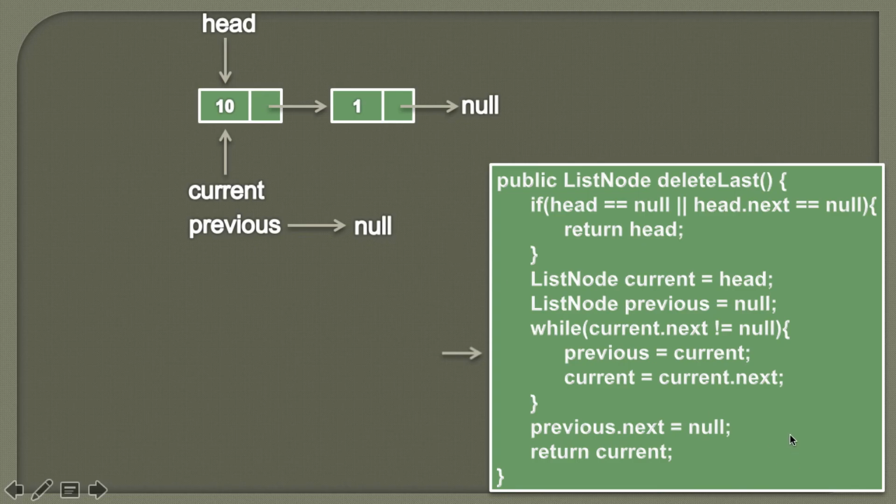So it would look something like this. That now previous is pointing to this node because current is pointing to this node. And now we'll simply traverse current to its next position by assigning current.next to current. So current is pointing to this node, its next is pointing to the second node. So after this assignment, it would look something like this.